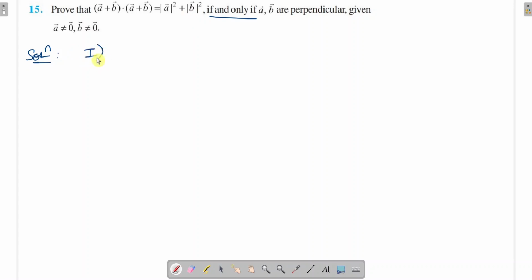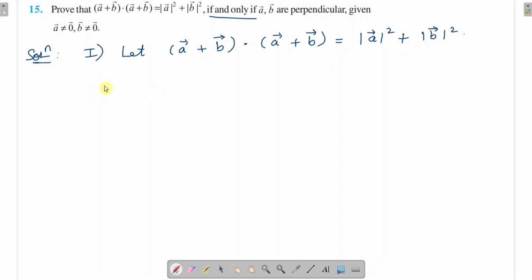First part: let this be true, let (a bar plus b bar) dot product (a bar plus b bar) equal magnitude of a bar square plus magnitude of b bar square. Okay, to prove what?